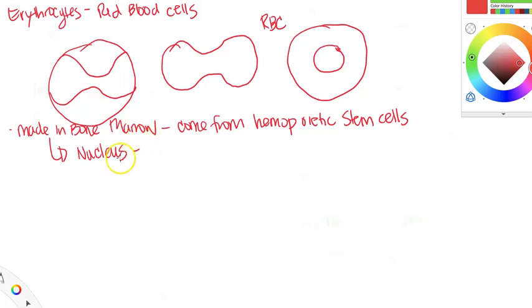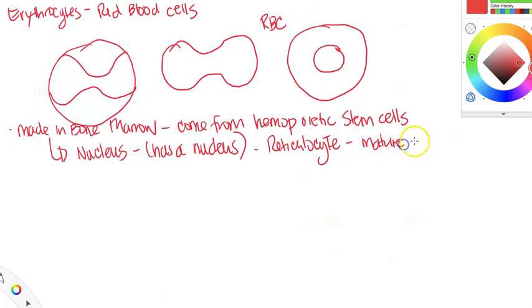So it has a nucleus, but once it enters the bloodstream, it enters it as something called a reticulocyte. And then it will mature into a red blood cell.